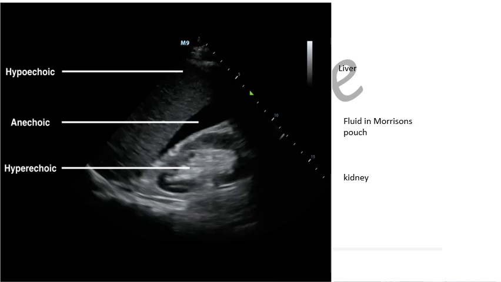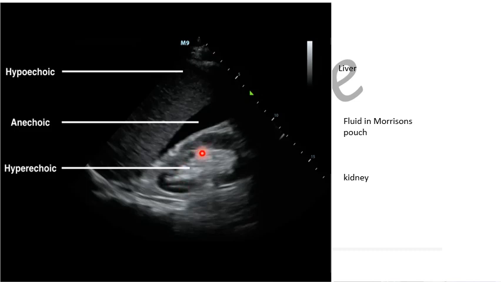Now you must know what exactly you mean by hypoechoic, anechoic, and hyperechoic. Let's have a look at the hypoechoic first. This is your liver. And what is anechoic? Totally black. So that is your fluid. And what is hyperechoic?